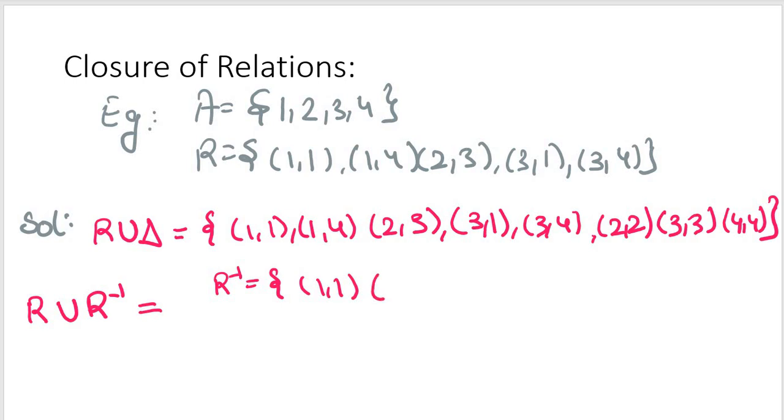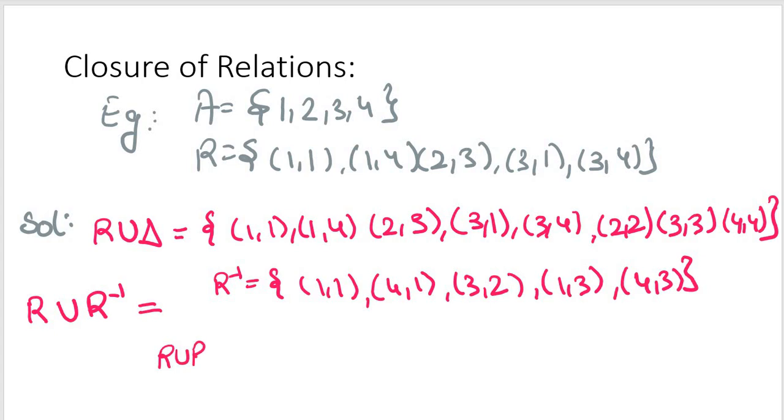Then I have 4 comma 1, I have 3 comma 2, I have 1 comma 3, then I have 4 comma 3. Now this R union R inverse will be this union this.